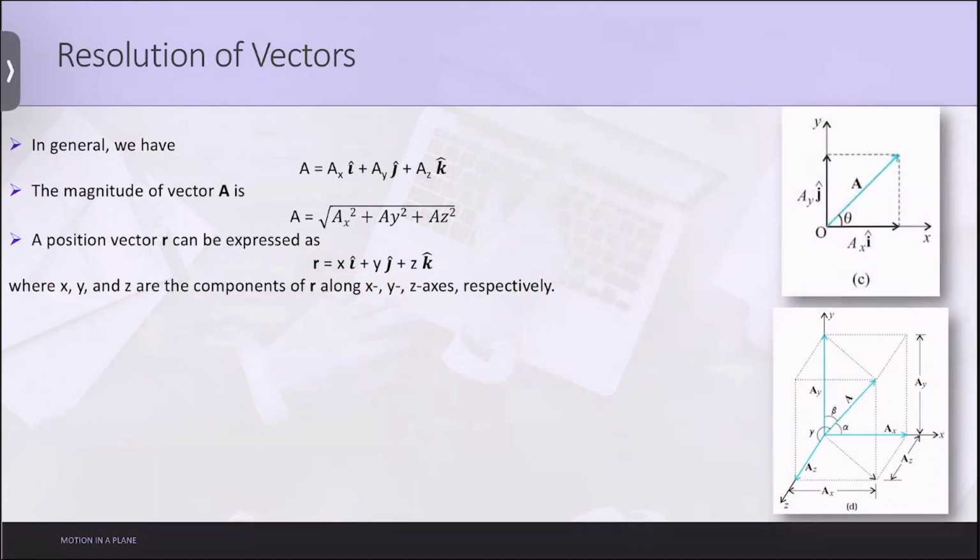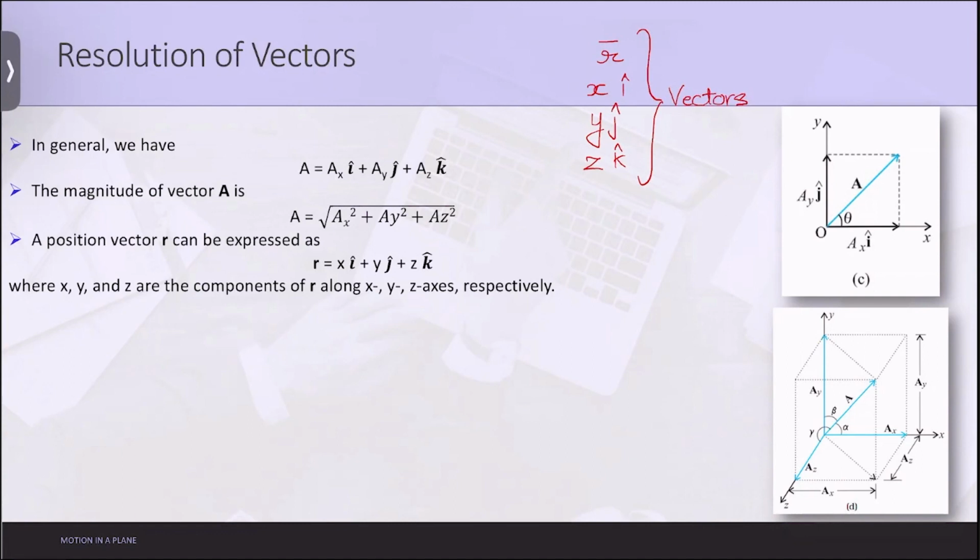Just let me revise one more thing and then we can move forward. Please remember that here r bar, x i cap, y j cap, z k cap, all these are vectors.